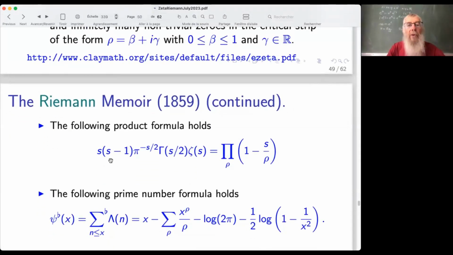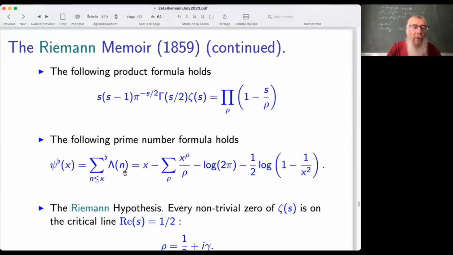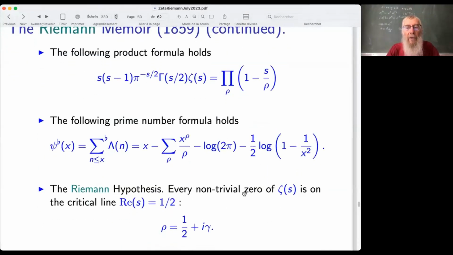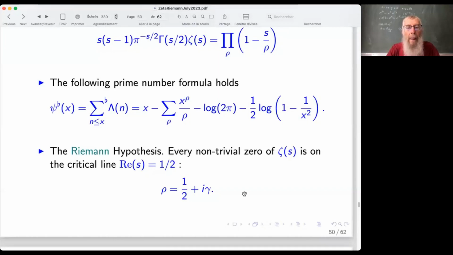He proved the product formula, which I just mentioned, which is a product over rho of 1 minus s over rho. And he gives also an expansion of the sum of lambda of n. This is the von Mangoldt function which I defined yesterday. And this is related with the logarithmic derivative of the zeta function of Riemann.